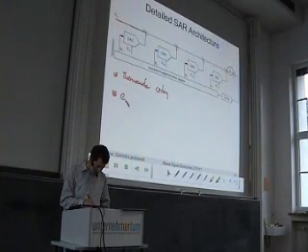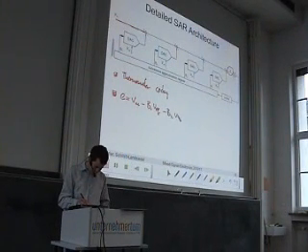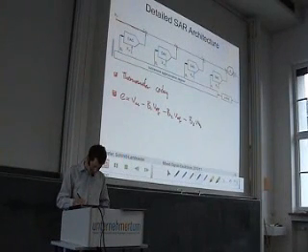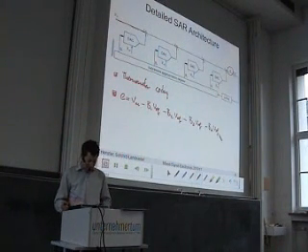This is E equal to Vin minus B1 Vref minus B2 Vref minus B3 Vref and so on, minus B4 Vref.